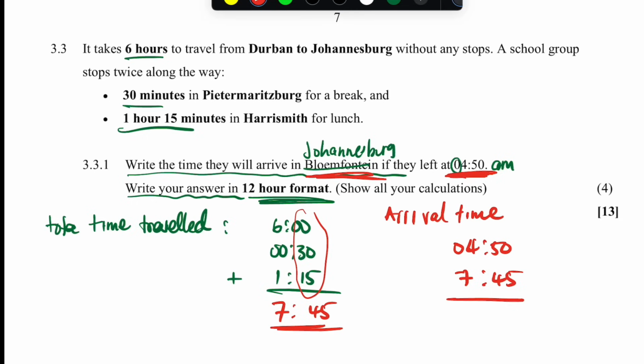So you add the minutes first. So it's going to be 95, and then from 95 you take out 60, you are left with 35. So it's going to be 35, and then you have that 1 hour. It's going to be 5 plus 7, it's 12.